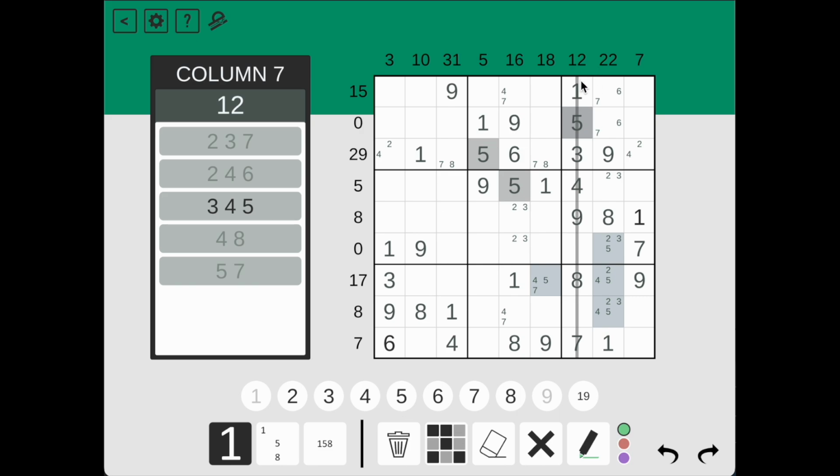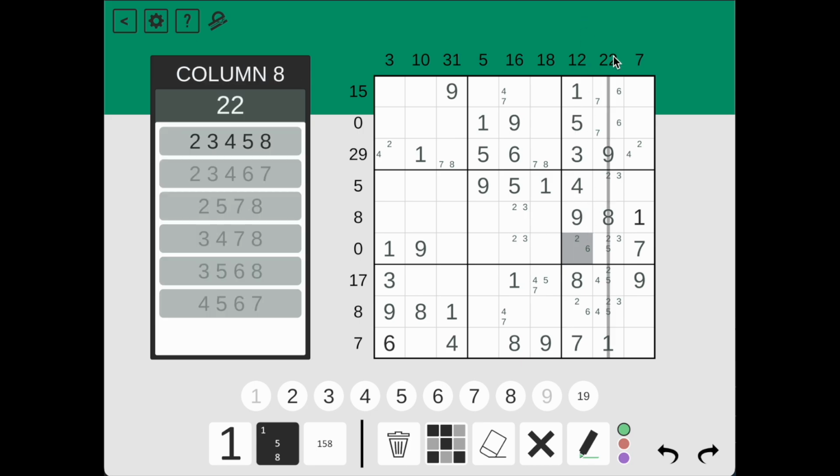In this column I have 1, I don't have a 2. So 2 could go here, or here. 3, 4, 5. I don't have a 6, so that could go here, or here. And 7, 8, 9.